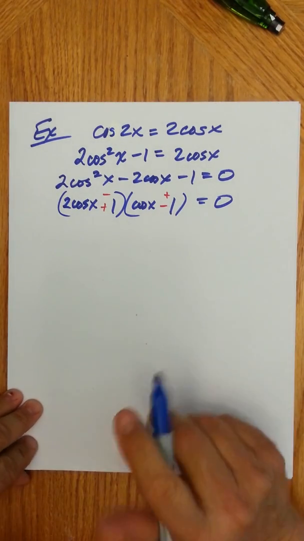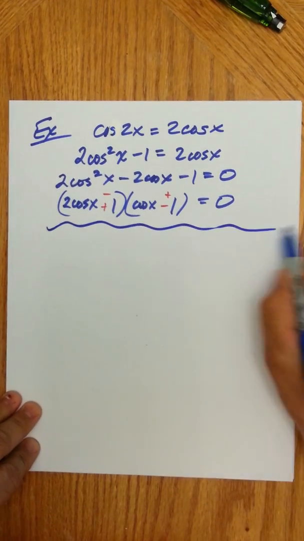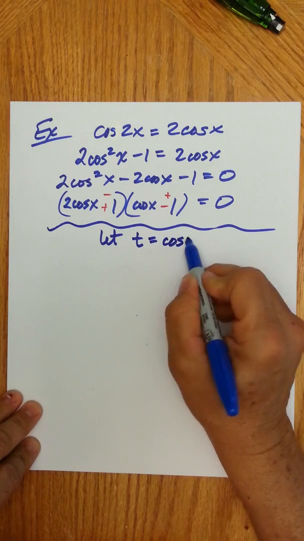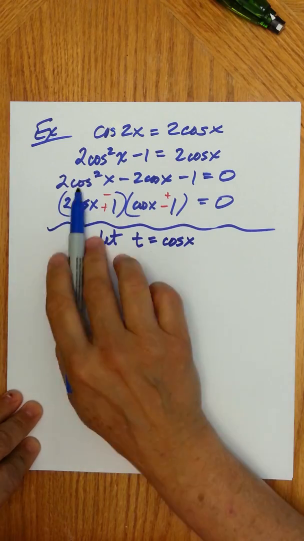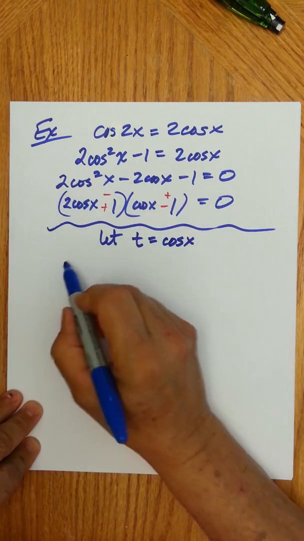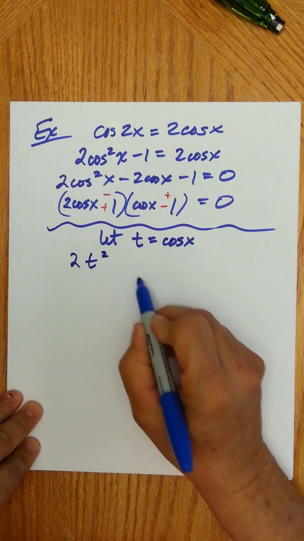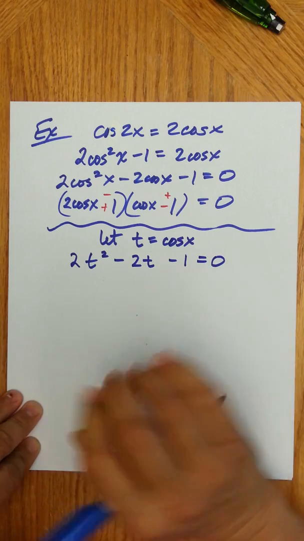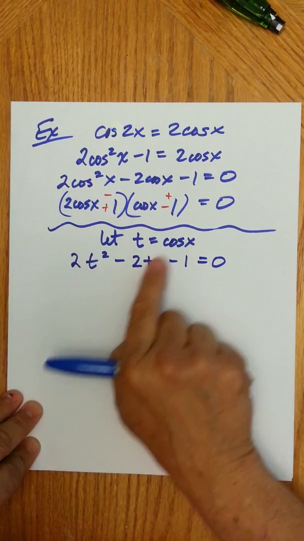Now, if I'm going to use the quadratic formula, I'm going to let t equal cosine x, just so you can see the form a little bit better. So if I rewrite this, I'd have 2t squared minus 2t minus 1 equals 0, right? Instead of writing cosine x, I write t.